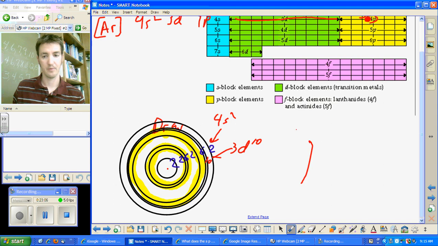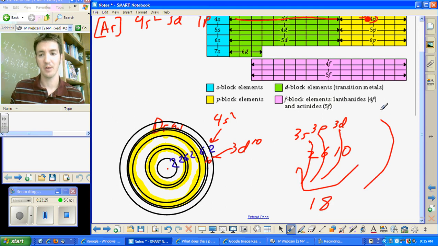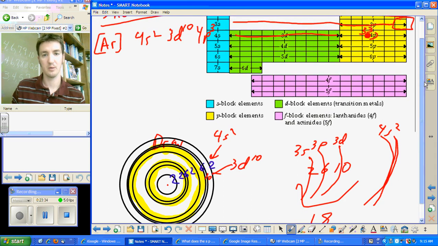So we already had, for our 3s, 2. For our 3p, we had 6. Now we add on the 3d, on which we have 10. So total on the third shell, we have 18. I thought that was against the rules. Not anymore. Outside of that, then we have our 4s2, and to finish up for the one we're looking at, we ended up with 4p3.